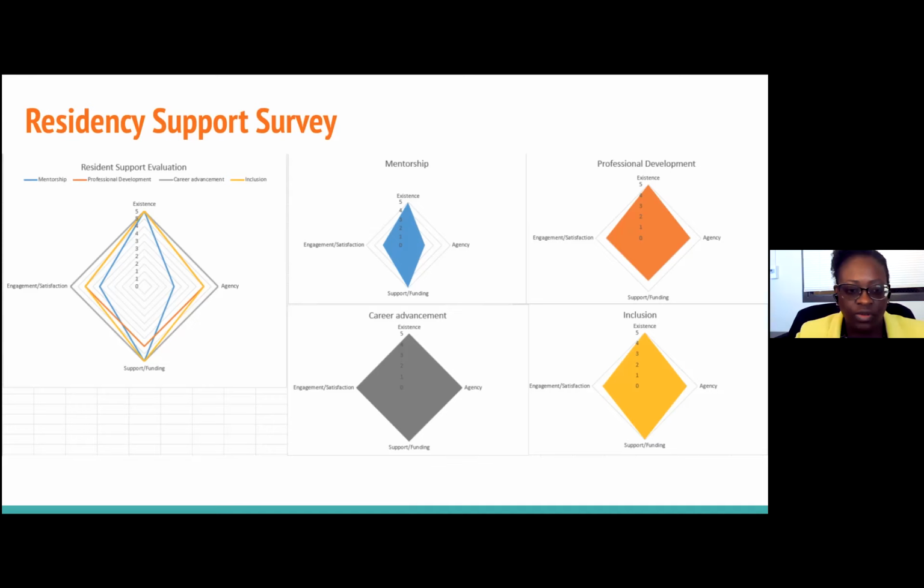Whereas a full diamond demonstrates that the resident is experiencing the highest level of satisfaction and support provided by the institution for that factor. The shape of each individual factor chart shows the skew or strength versus weakness of each of the dimensions of agency, institutional support or funding, engagement, and satisfaction with respect to the individual factor being measured. Next slide, please.